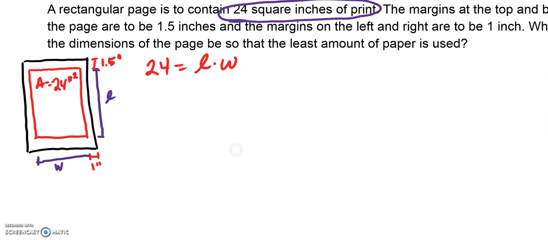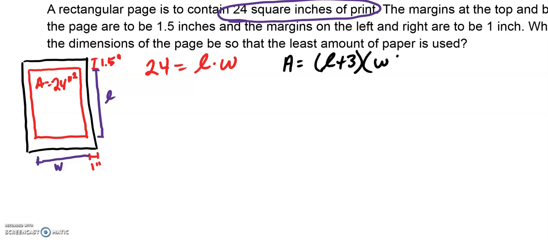And then we also have the area of the entire page itself. So that area is going to be, now on this side, length plus 1.5 plus 1.5, which is length plus 3, times width plus 1 on that side and 1 inch on that side. So then that would be 2.